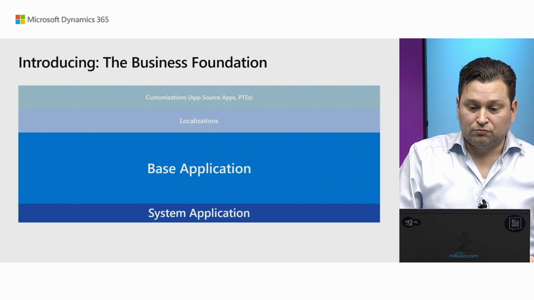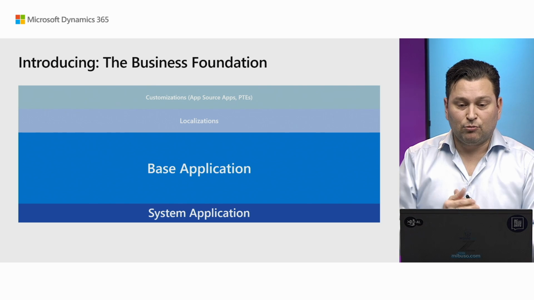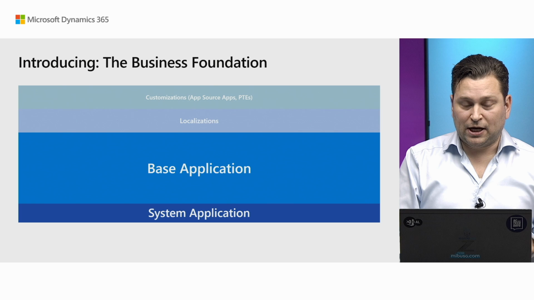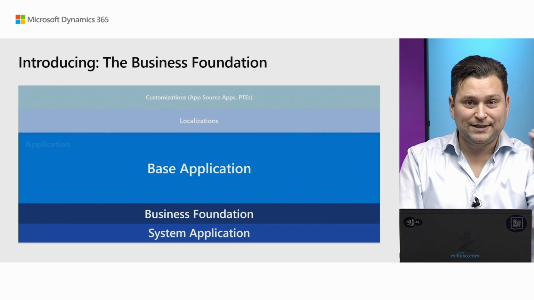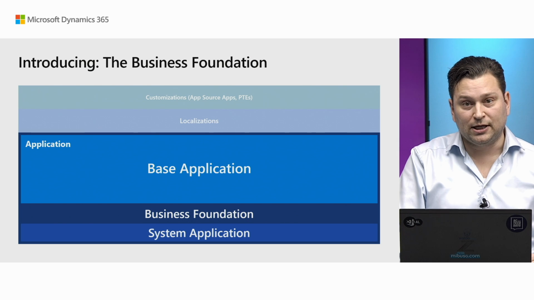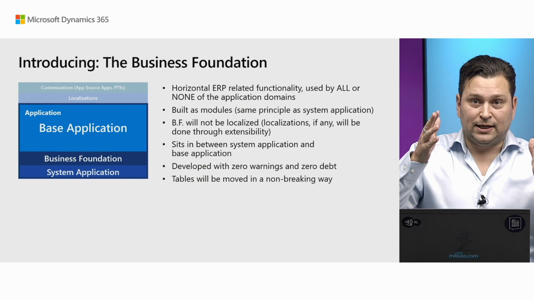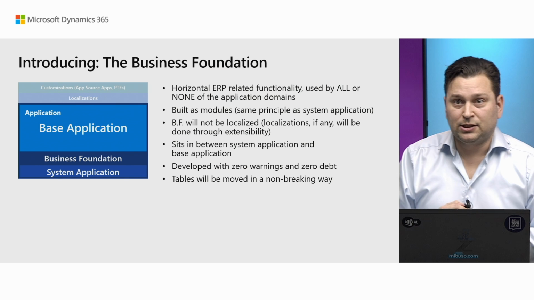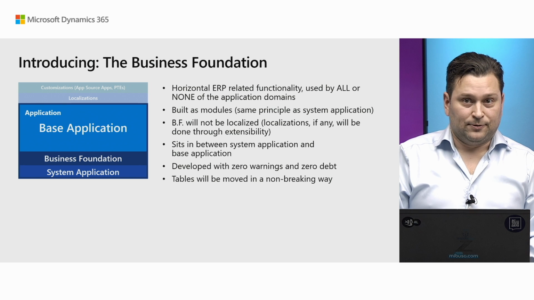So, given those capabilities, we're now ready to tackle the more, shall we say, embedded modules. And that's why we felt we're ready to introduce the business foundation, which squeezes neatly in between the base application and the system application. Very quickly, it is horizontal ERP-related functionality, which is used by all or none of the application domains.